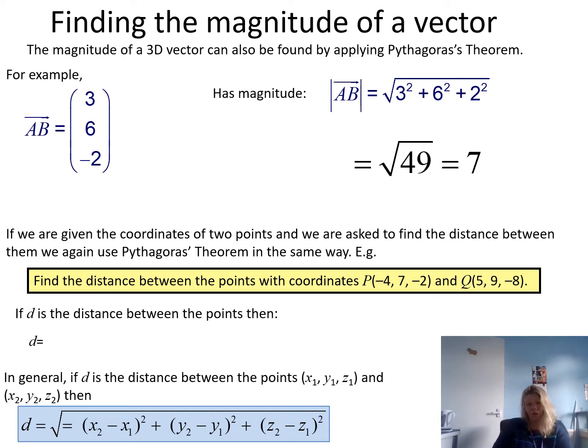Find the difference between the 2 points, square it and square root. If we do that with this example, we take that one, take that one. So 5 take negative 4 would be 9.